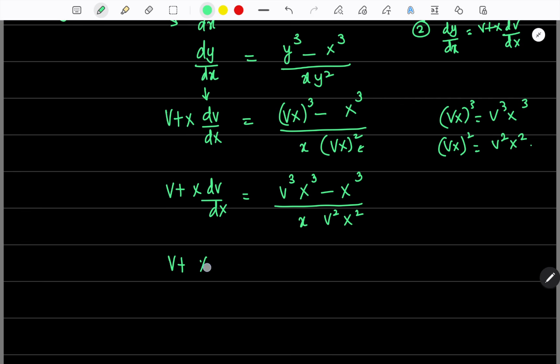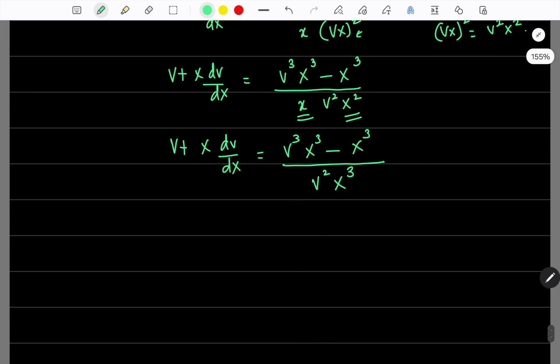Now v plus x dv by dx is equal to v cube x cube minus x cube divided by, if you see here, there is an x here and x square here, so v square x cube. So now v plus x dv by dx is equal to, I'm going to take x cube as common term.